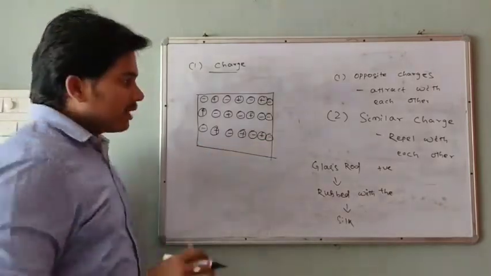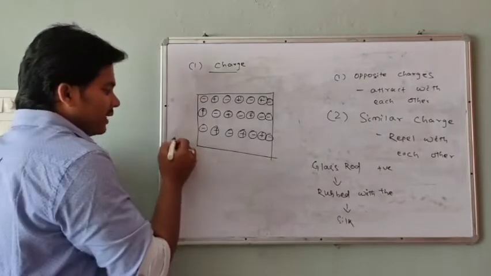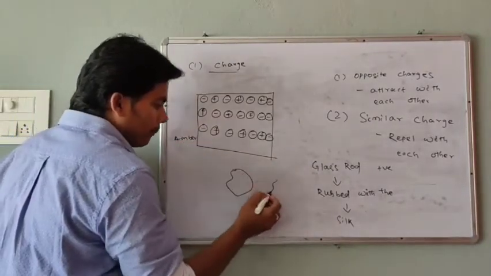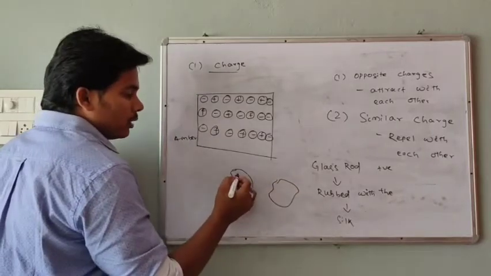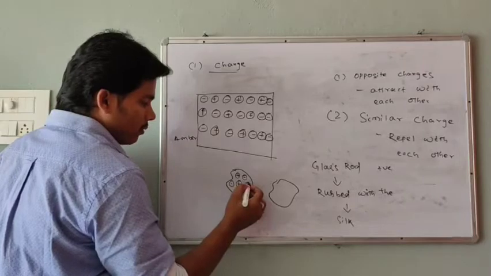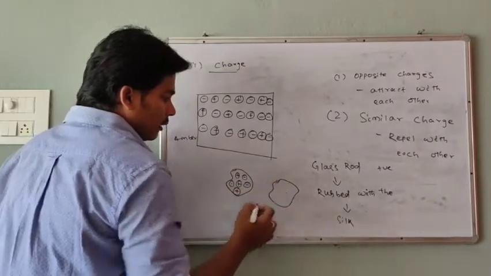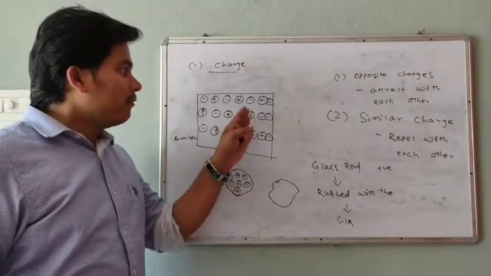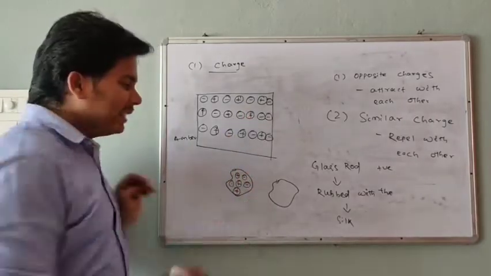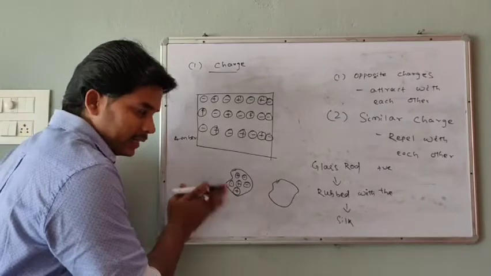Here in this case, as this amber is a negatively charged body, we are taking some peppers. This is also an electrically neutral body. Then what will happen when we take this negatively charged body to the peppers, which are electrically neutral?